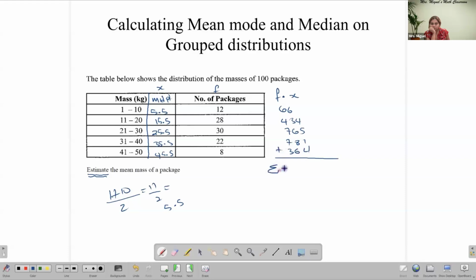And so the sum of the frequency times that midpoint gives us 2,410. Let's write that a little better. Now, the question told us that there are 100 packages, but you could add these frequencies as well, and it would tell you that the sum of f here is 100.